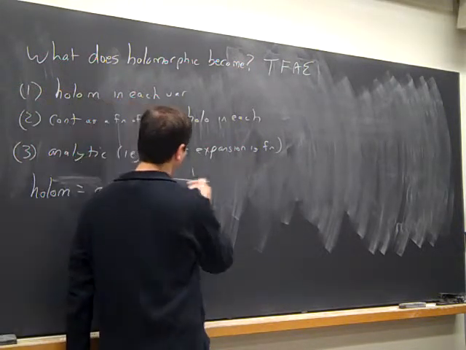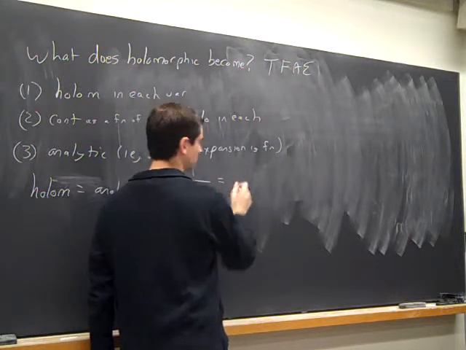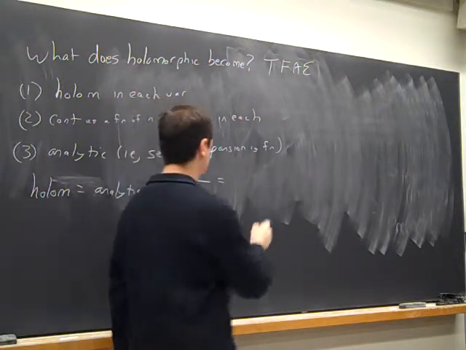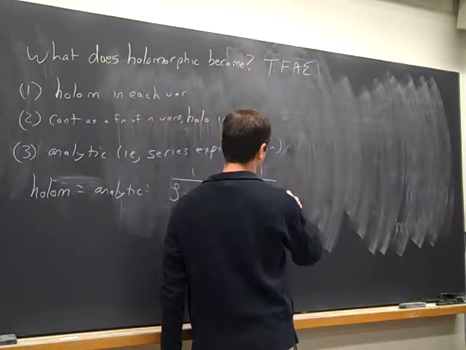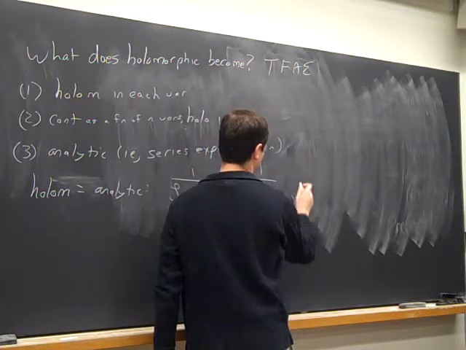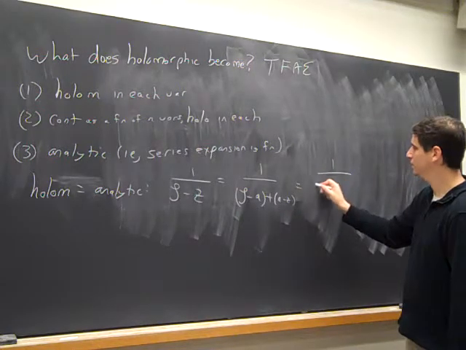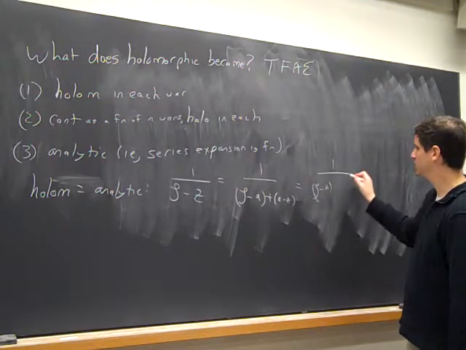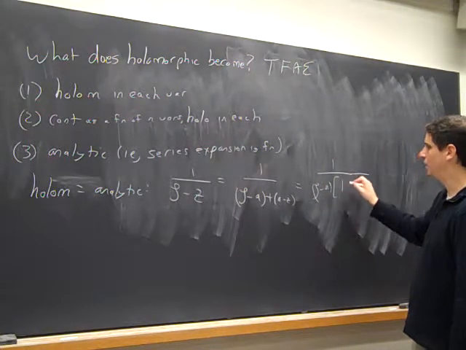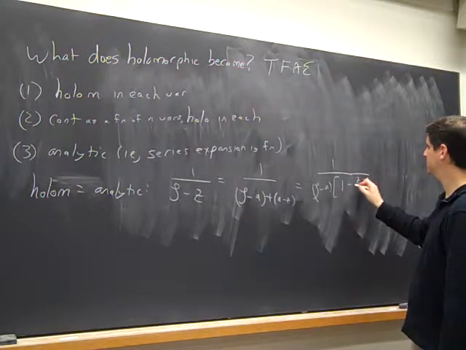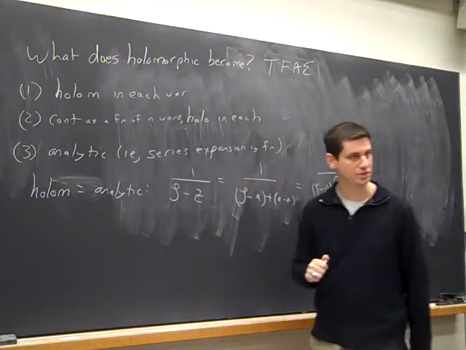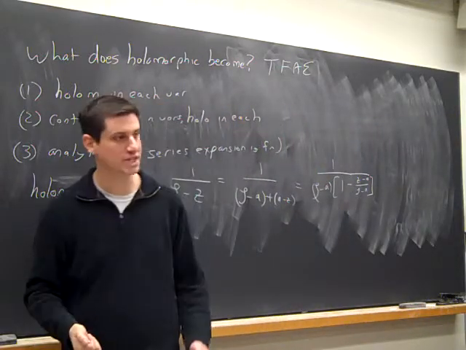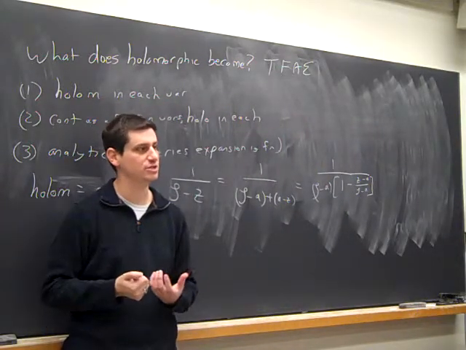We used 1 over zeta minus z was like 1 over zeta minus a plus a minus z. So then that became the same as 1 over zeta minus a, and then 1 minus z minus a over zeta minus a. And then we could expand that using the geometric series formula. We used Cauchy's theorem, and we were able to then get a series expansion that converged.